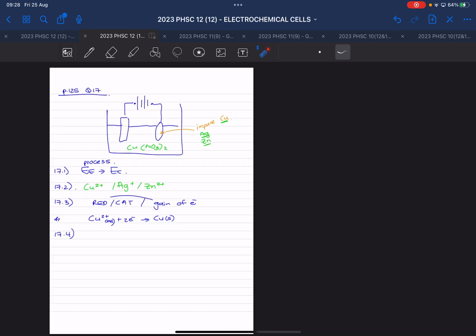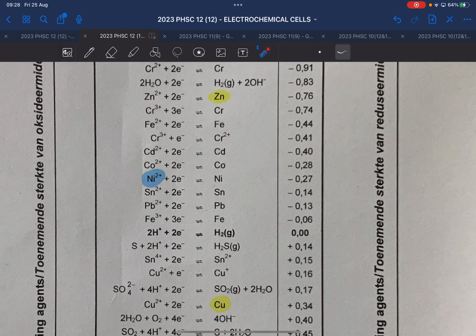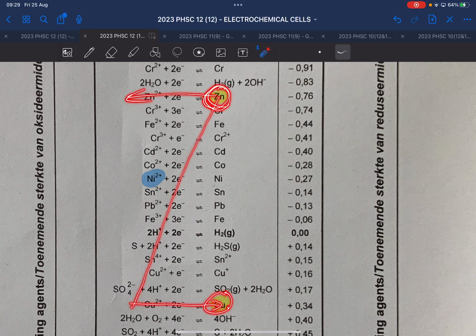Okay, so again, table 4b. So if we compare zinc with copper, then zinc is the stronger reducing agent, meaning zinc will just go into solution, but zinc will not form a solid because the arrow is pointing in that way. It's not pointing in that way.